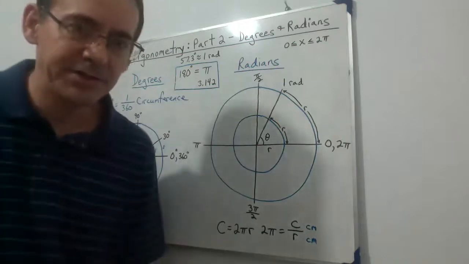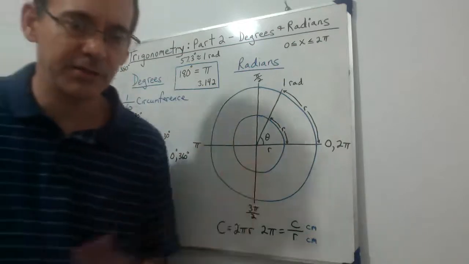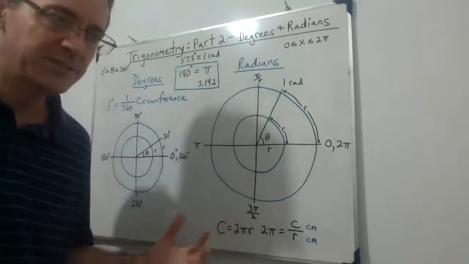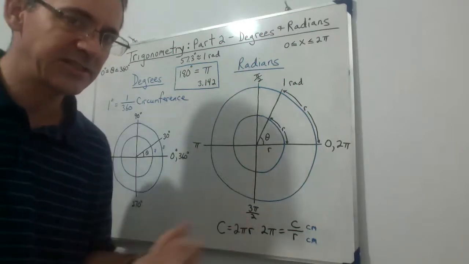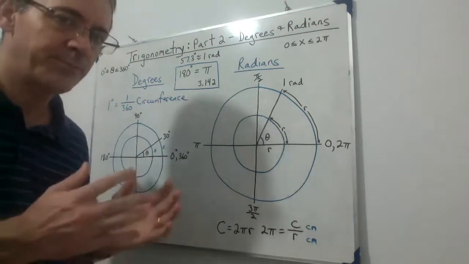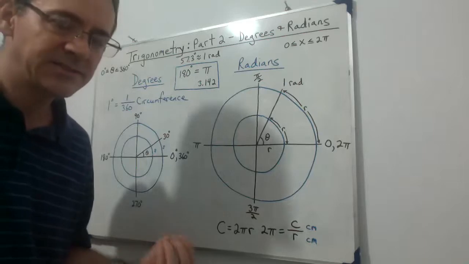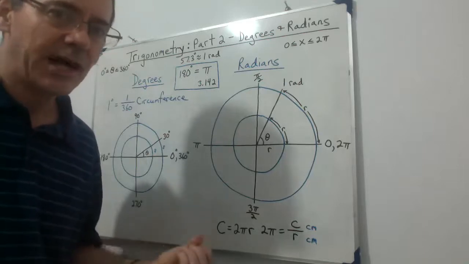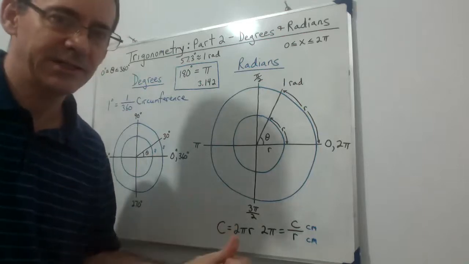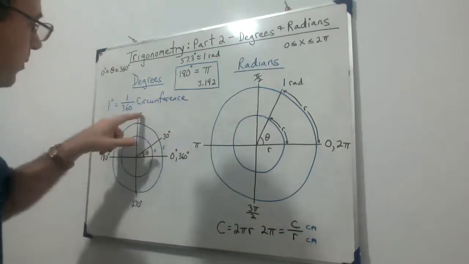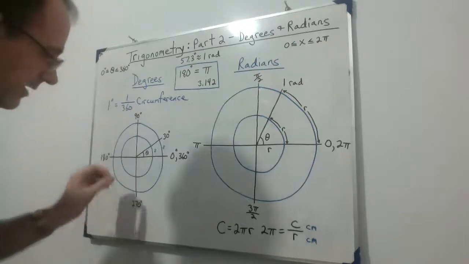However, like I mentioned in the first part of the series, radians is often used, especially by mathematicians and scientists, when you start putting it into formulas, because it's a non-unit unit. It doesn't carry the little unit symbol like degrees does.